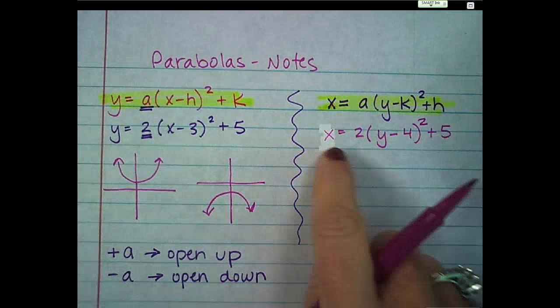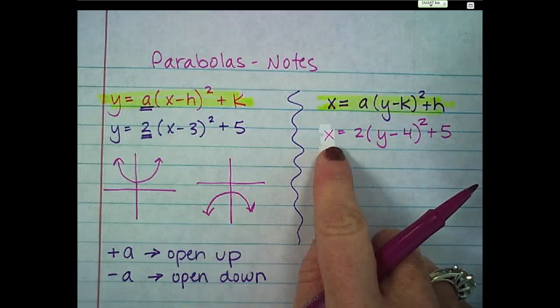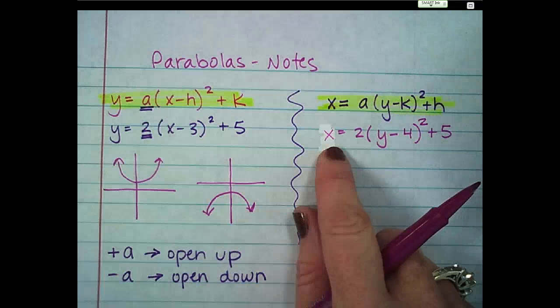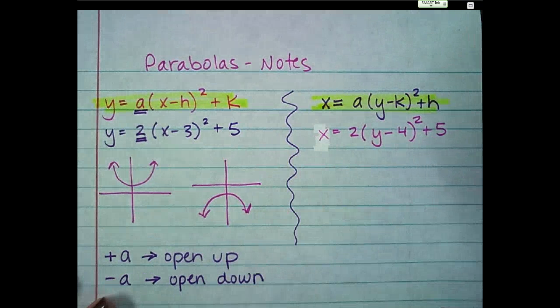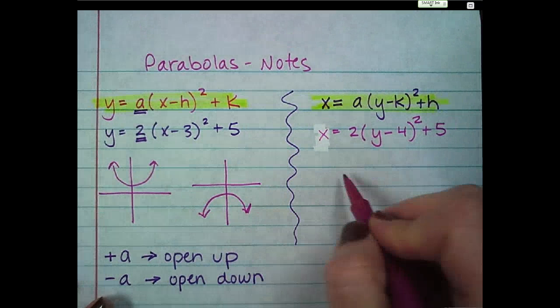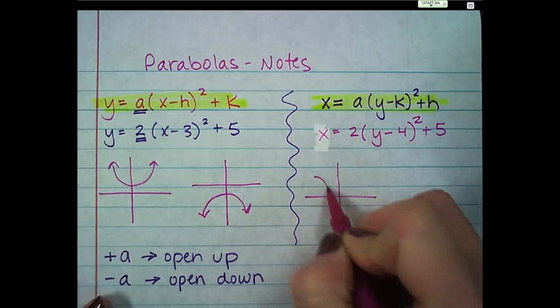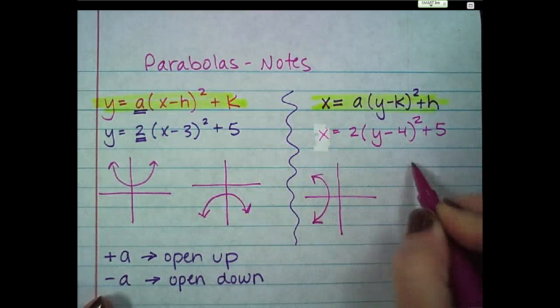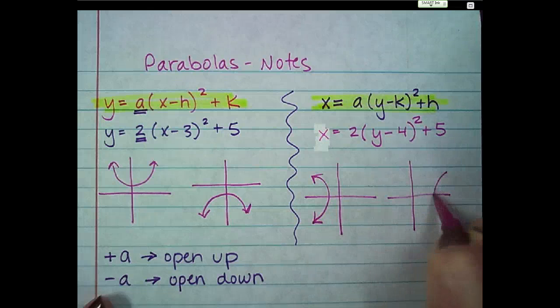So it should say x equals. Now, if it leads with an x equals, instead of opening up and down, they open left and right. Okay, so your picture would maybe either be this direction for left and this direction for right.